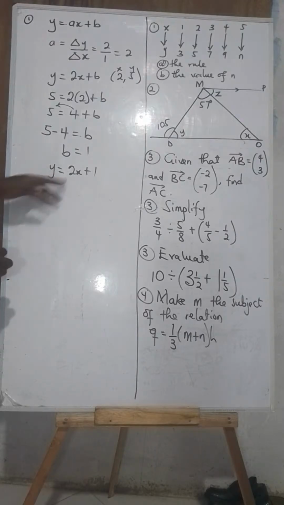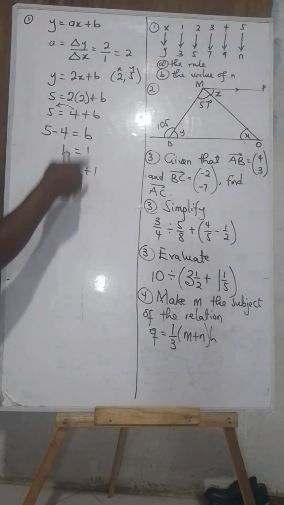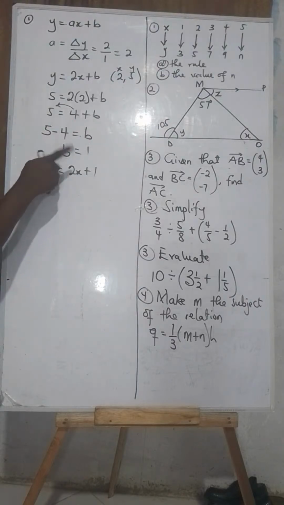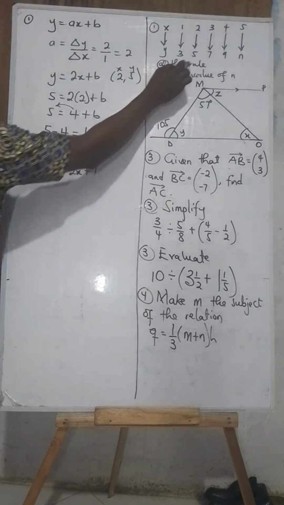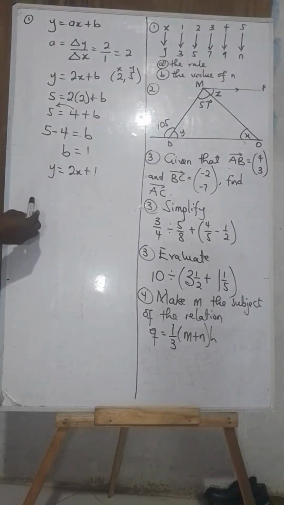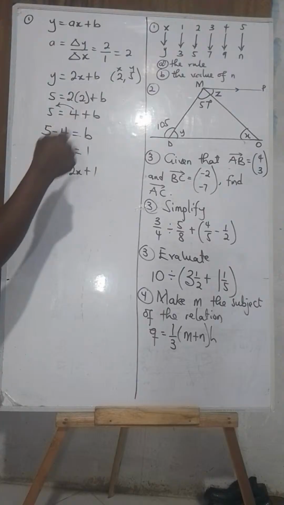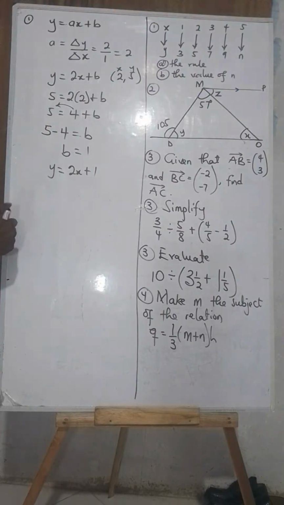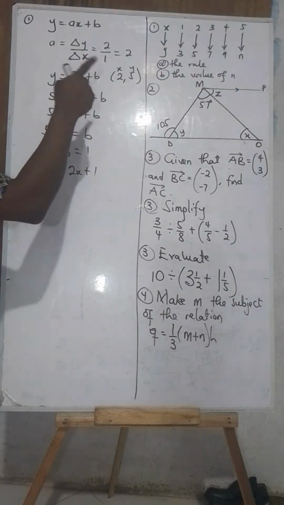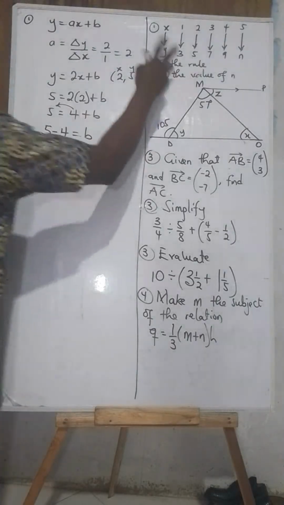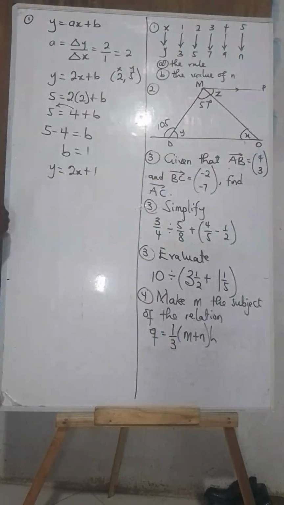When we check it, 2 by 1 is 2 plus 1, that is 3. 2 by 2 is 4 plus 1, that gives you the 5. 2 by 3 is 6 plus 1, 7. 2 by 4 is 8 plus 1, is 9. To find the second question, that is b, is very simple.